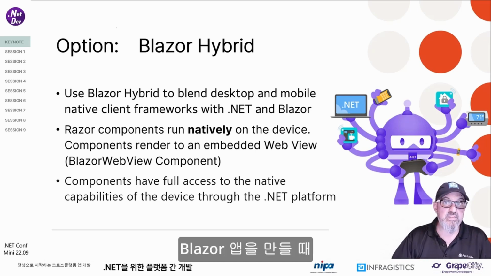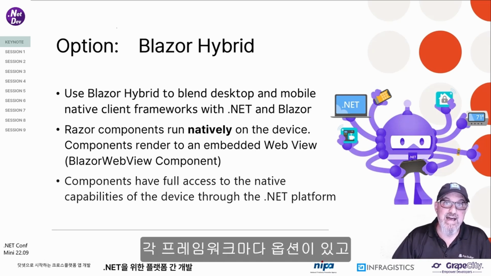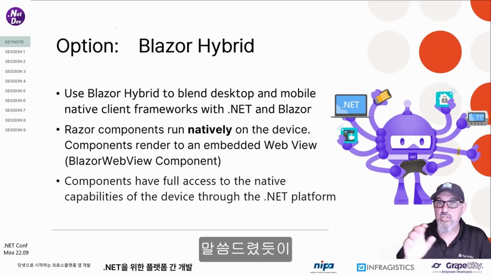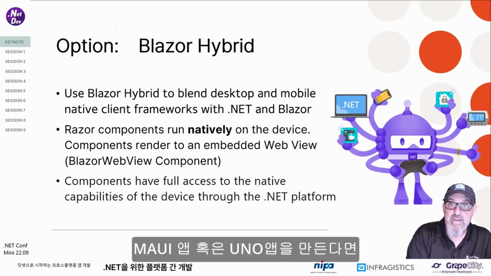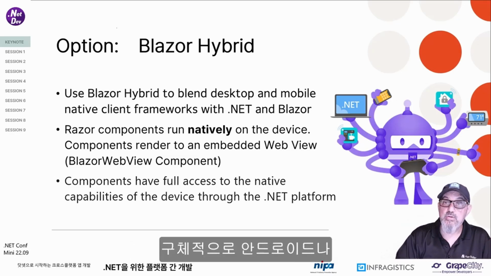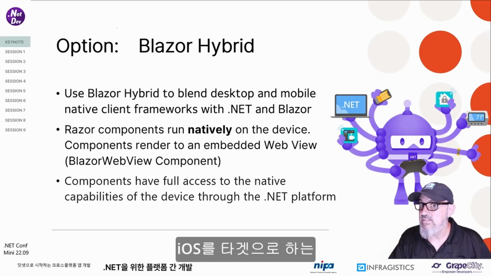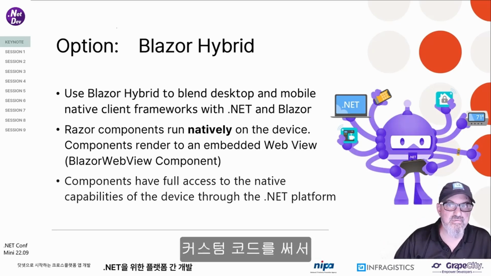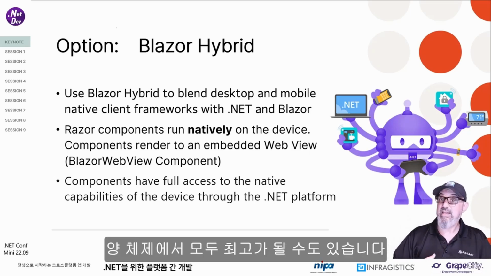So when you're building this Blazor app, you have options for every framework, just like you would if you were just building a MAUI app or even an Uno app, and you can write those custom code pieces that might target something specific for iOS or something specific for Android to get the best of both worlds.